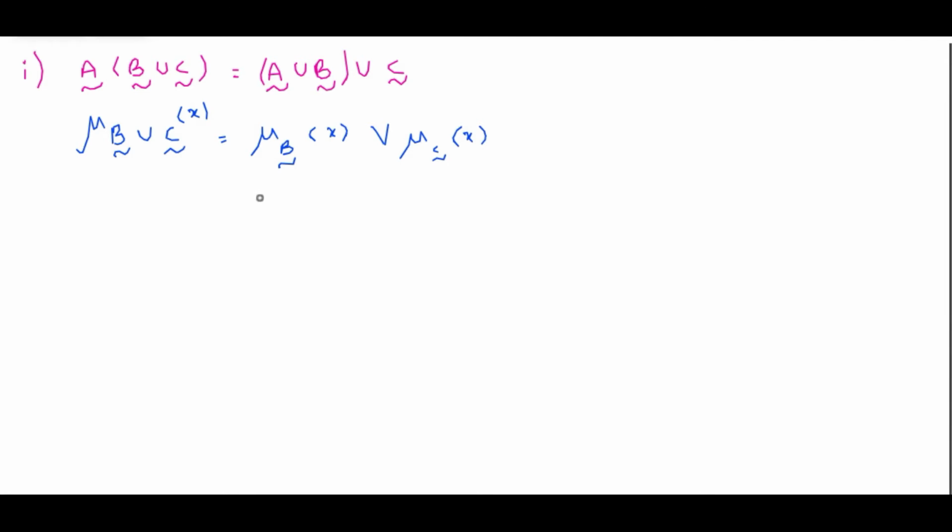So we need to follow this formula because this is the basis for this. Okay, first B union C of X is equal to B of X or C of X. That means here we need to find the maximum of these two. So union means it's the maximum. So I can write the same thing. It should be the maximum of mu B of X, comma mu C of X.